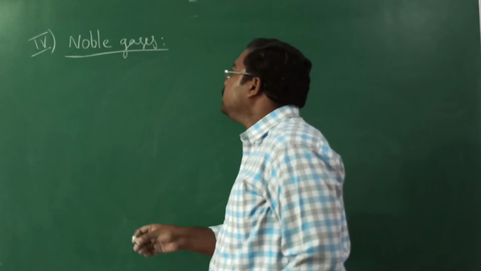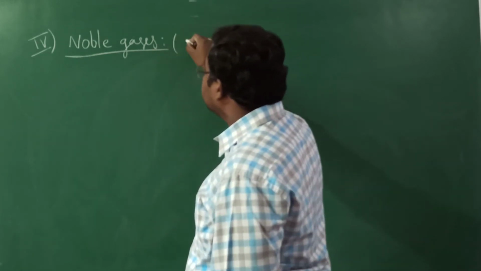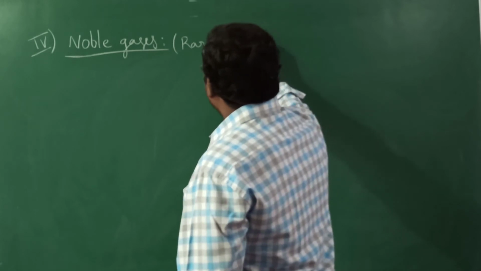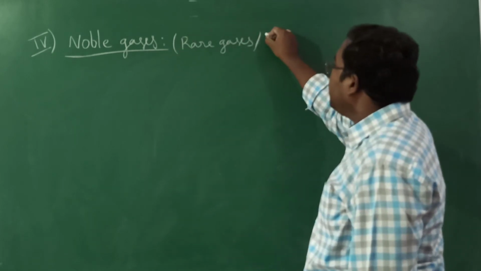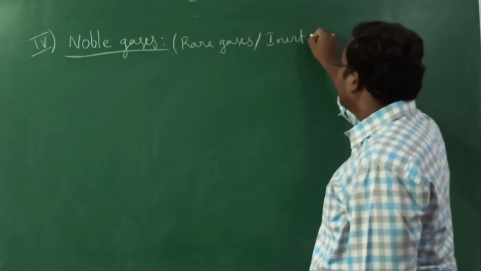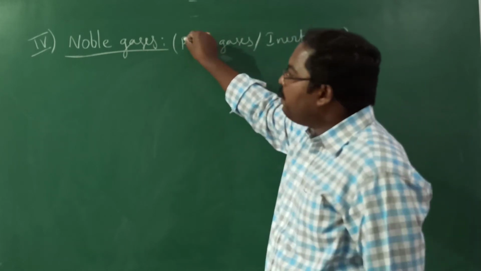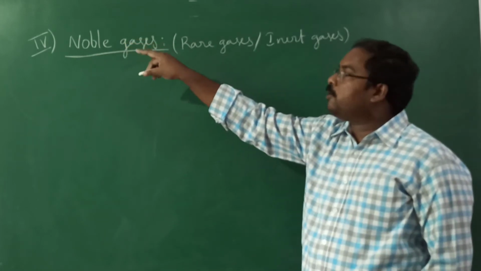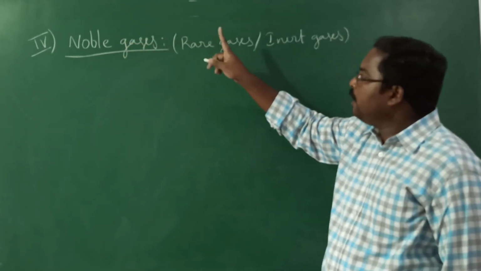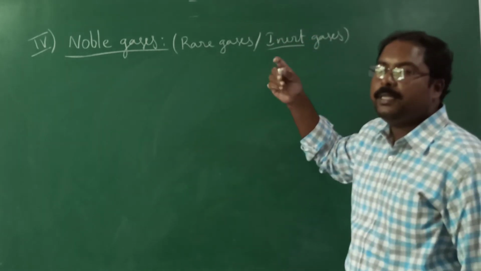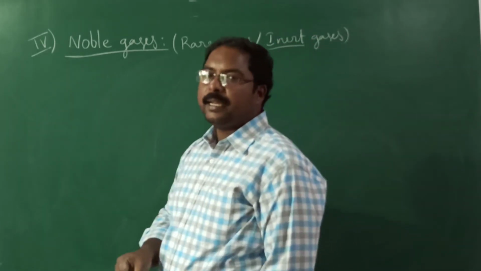These noble gases are known as rare gases, and are also known as inert gases. They are very rarely available in nature, so that is why they are known as rare gases. They don't react with other elements, so that is why they are known as inert gases.